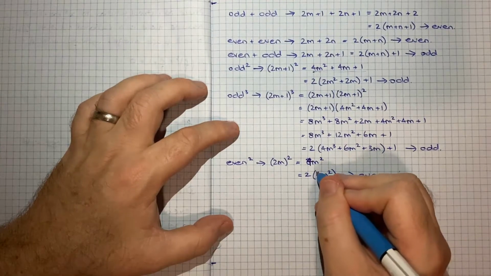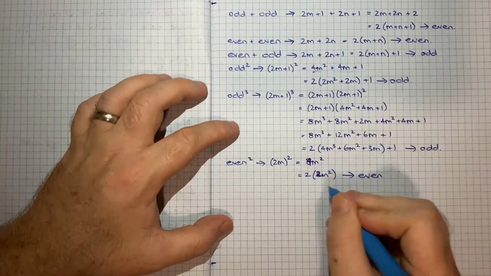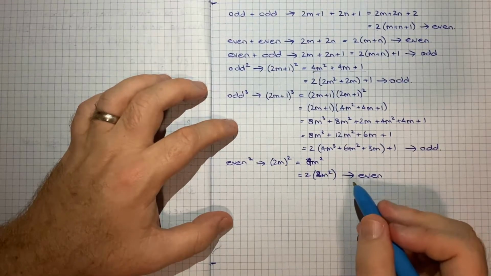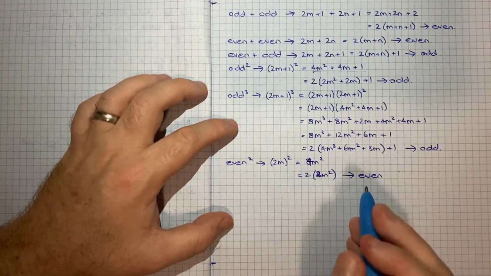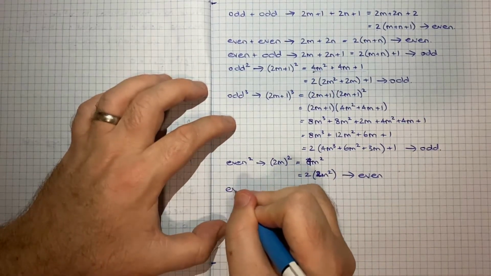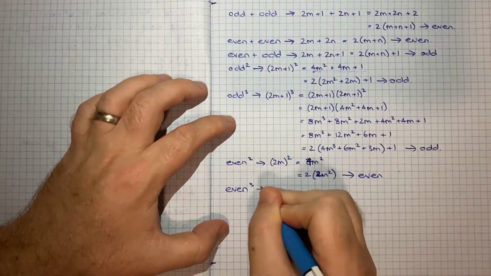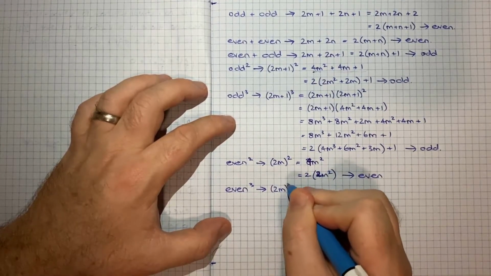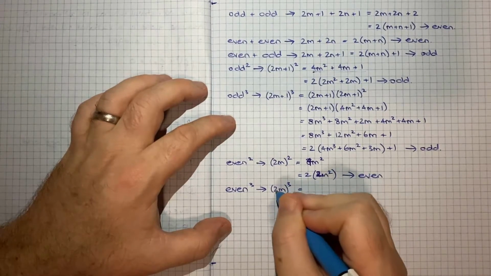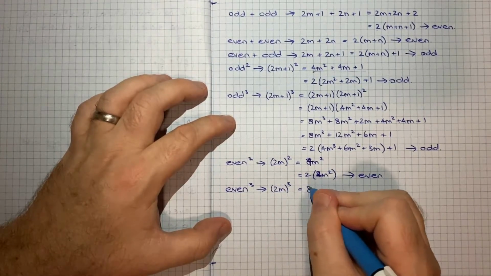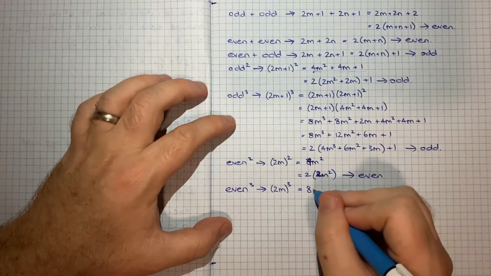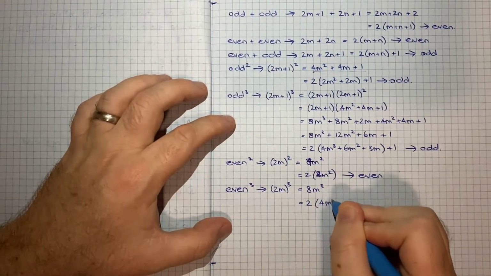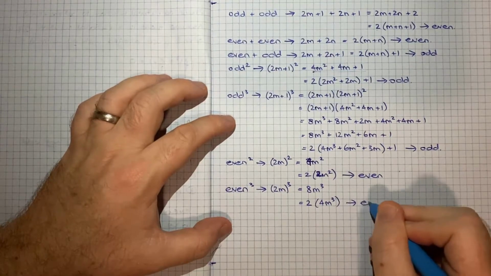So that would be 2 times 2m squared, still the same outcome, even. So an even number squared gets us even. If we do an even number cubed, we'd have something in the format (2m) cubed. 2 cubed would give us 8: 2 times 2 is 4, times 2 is 8. So 8m cubed, which we could write as 2 times 4m cubed, which is also even.